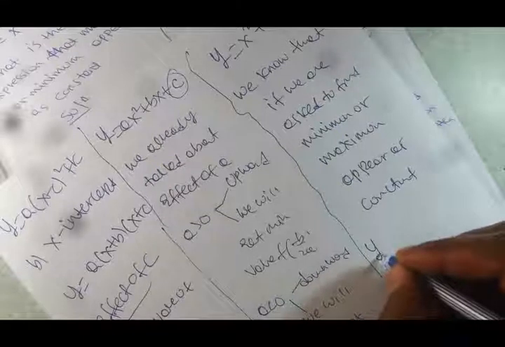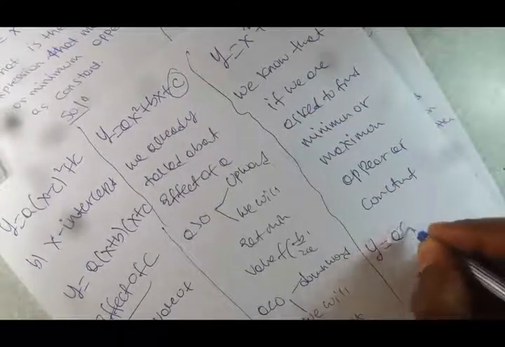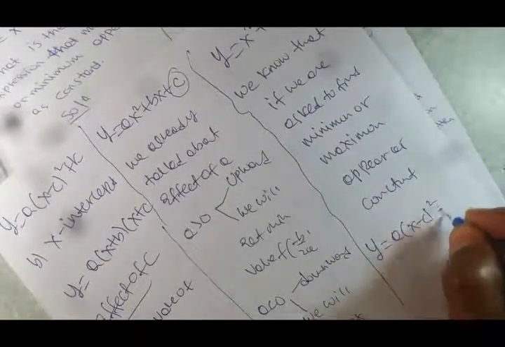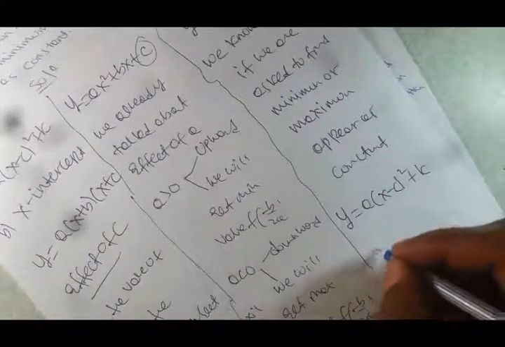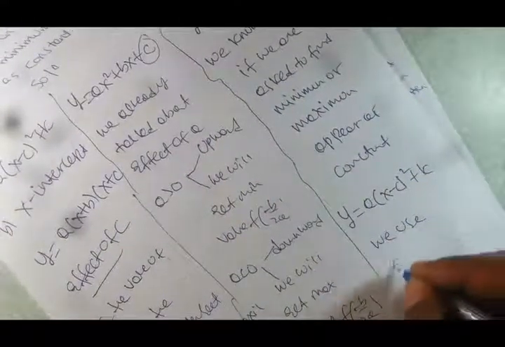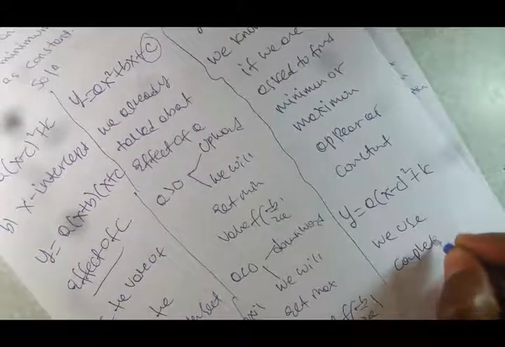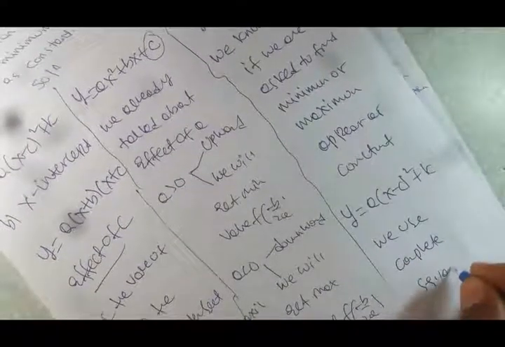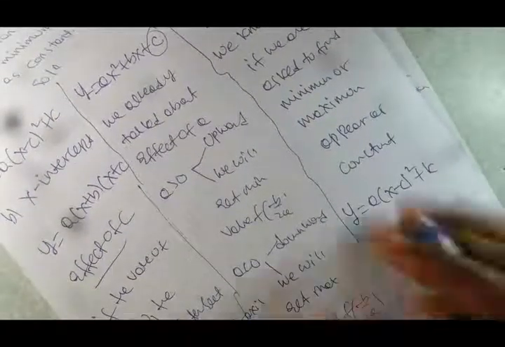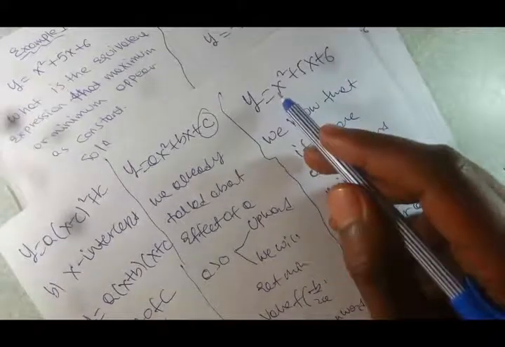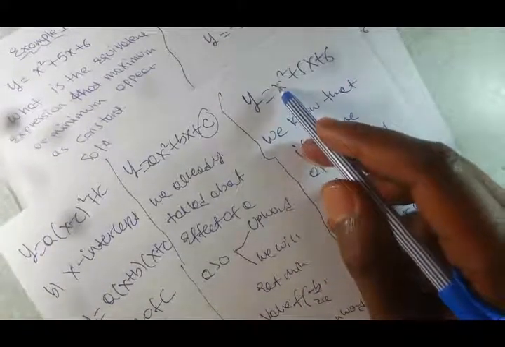It is simply asking for the form y is equal to a(x minus c) the whole square plus k, and we use the complete square method.